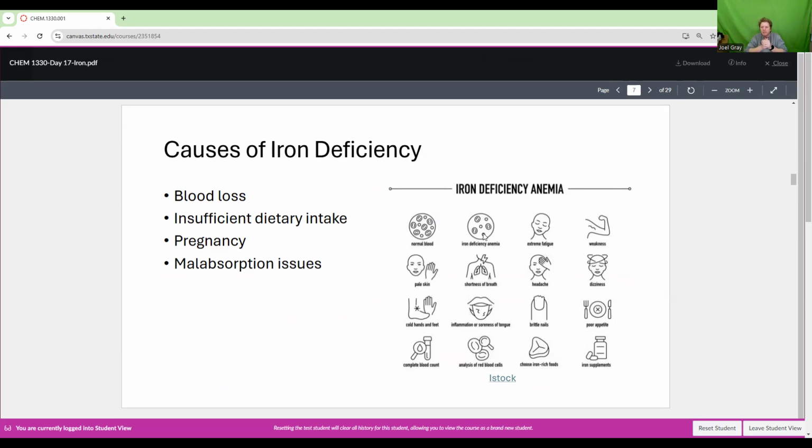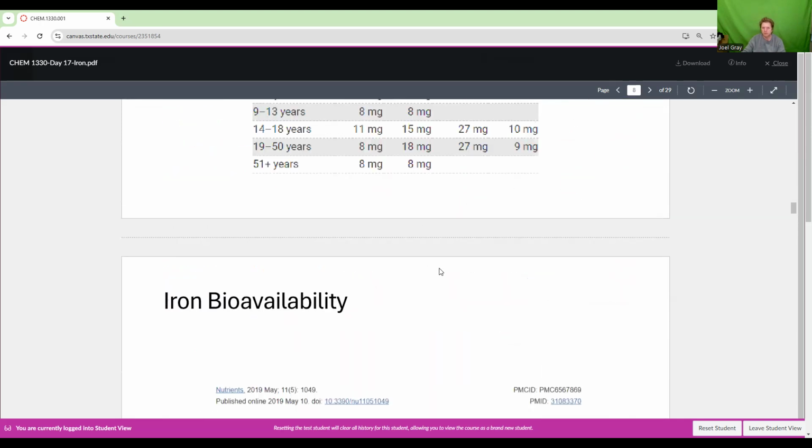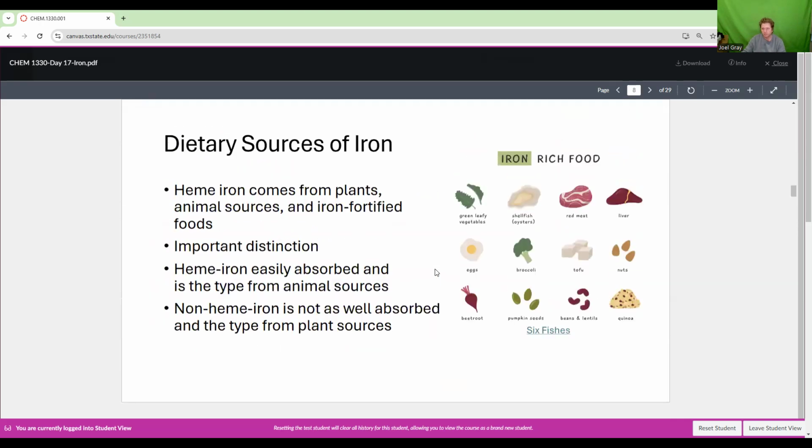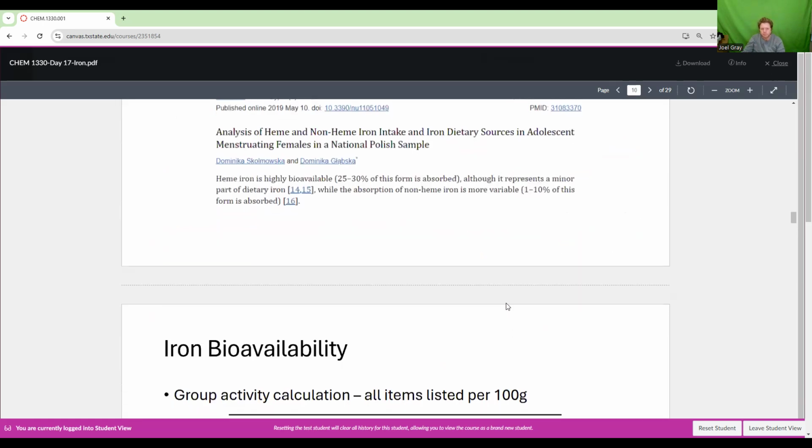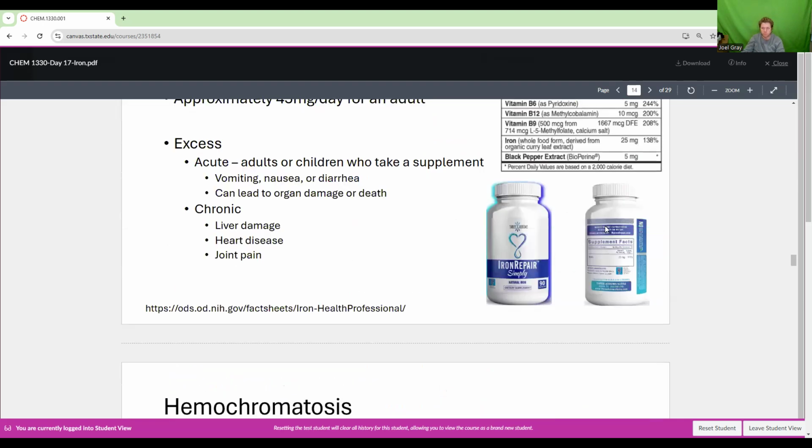Maybe parts of your body turn slightly blue or are very cold. That could be a sign that you're not getting enough iron in your diet, in which case you might change your diet by adding things like eggs, meat, leafy green vegetables like broccoli or kale, or pumpkin seeds. And so that's one approach to do it.